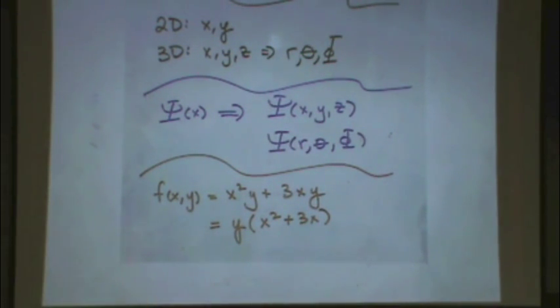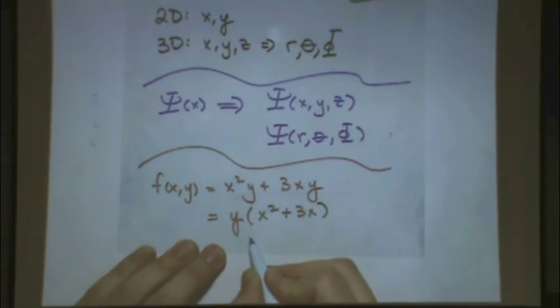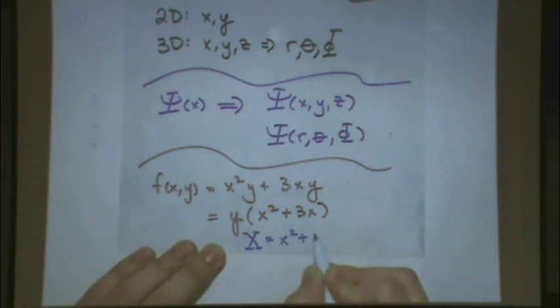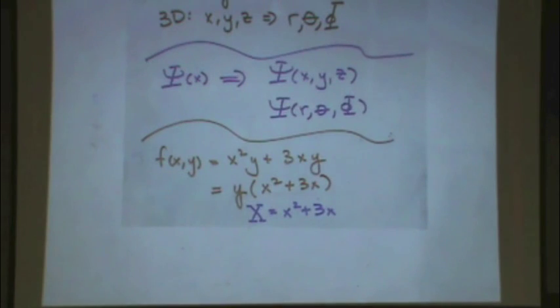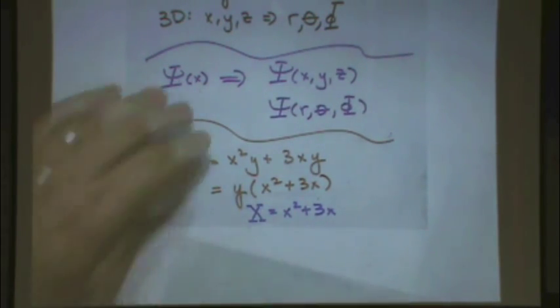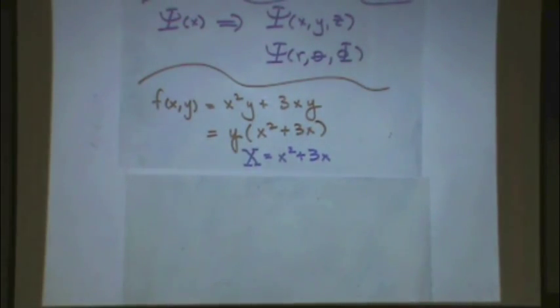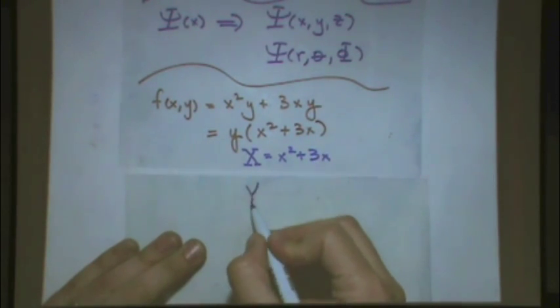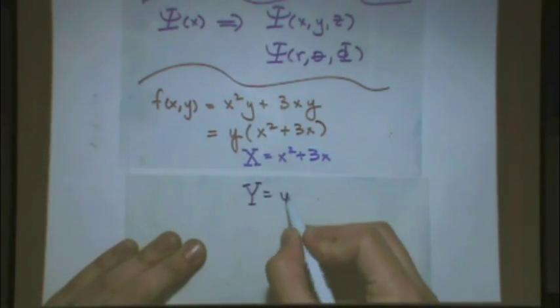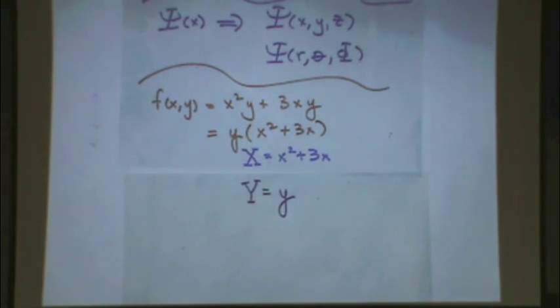So now I can make a new definition, and I can say, oh, I have a new function, capital X, which is equal to x squared plus 3x. And then I have another new function, capital Y, which is equal to y. Is that okay?